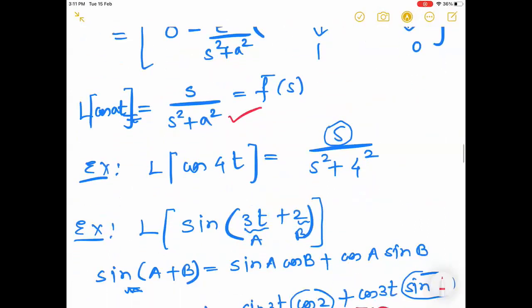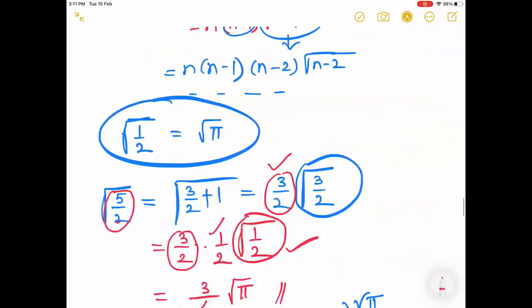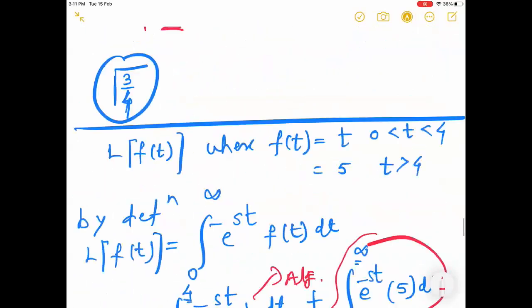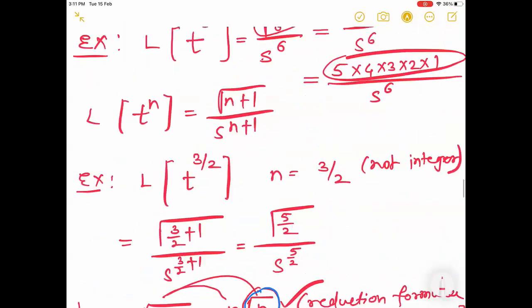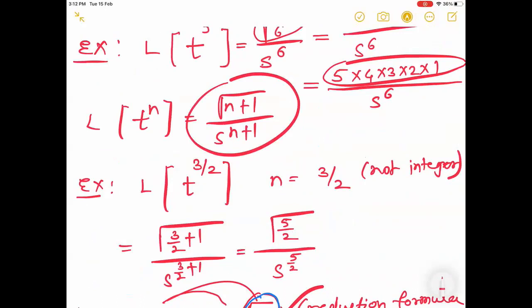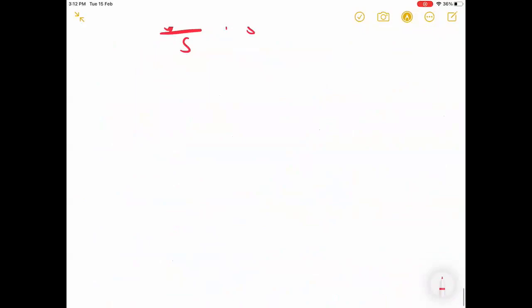We have also seen two hyperbolic functions and one algebraic function, that is t raised to n, whose transformed answer is gamma n plus 1 upon s raised to n plus 1. Now with the help of this, let us define some properties and work out with that.